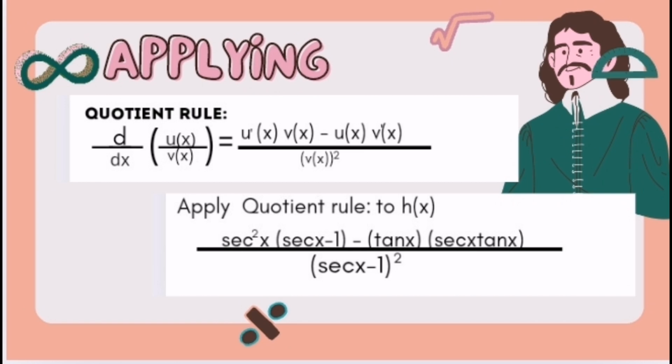So we apply the quotient rule to the function h of x. The derivative is equal to secant squared x multiplied by the quantity of secant x minus 1, minus the quantity of tangent x multiplied by secant x tangent x, over the quantity of secant x minus 1 squared.